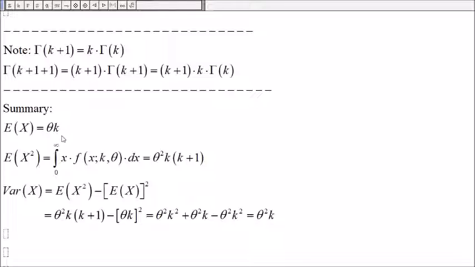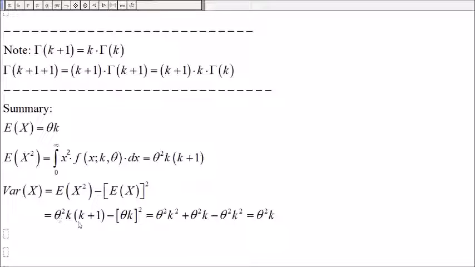And so in summary, the expected value of x from an earlier video is theta times k. We just found that the expected value of x squared is theta squared times k times k plus 1. And therefore the variance of x, which is the expected value of x squared minus the expected value of x, squared, would be theta squared times k times k plus 1 minus theta k, squared.